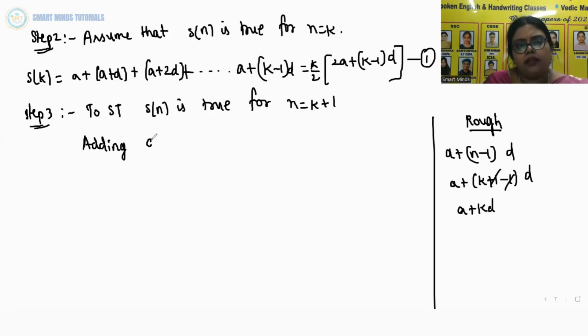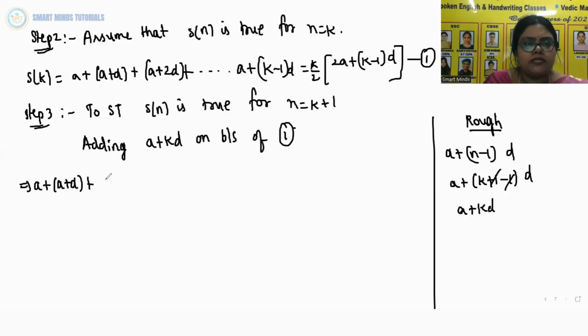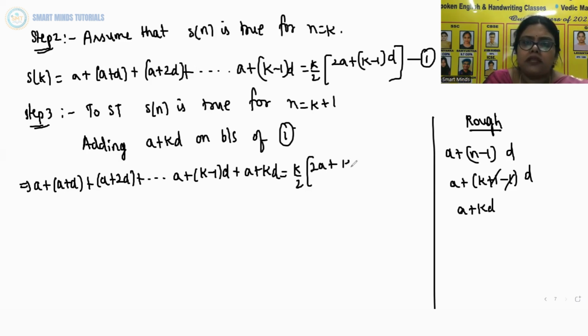So adding a + kd on both sides of equation number 1, you get a + (a + d) + (a + 2d) + ... + (a + (k − 1)d) + (a + kd) = k/2 × (2a + (k − 1)d) + a + kd.